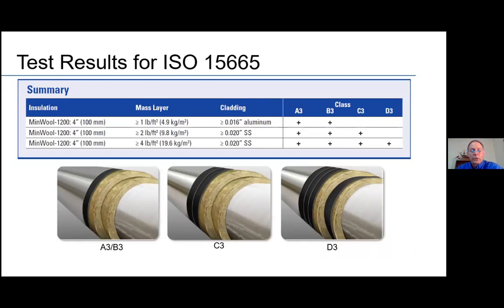But you see representations of a Class A/B system, a Class C system, Class D system, and then the pipe size subcategory was included in each of these. So in this case, the supplier tested to the largest of the three pipe sizes, which is the most difficult to achieve, typically has the higher noise reduction level requirement.